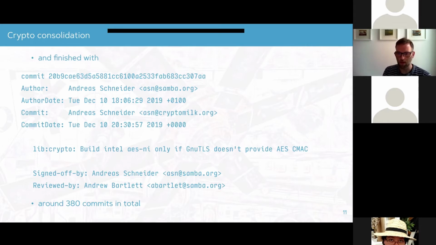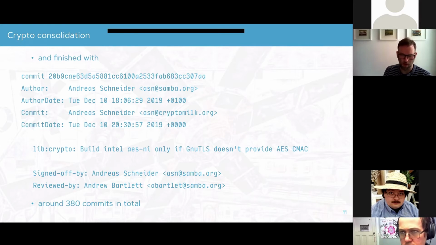This also required new support for new ciphers and hashes in Nettle, which is the low-level library used by GnuTLS, and also GnuTLS, as Windows or Microsoft is using some flavors of a cipher or combinations which were not implemented there yet, or which are not widely used, for example, AES-CFB8. So that was implemented first and made available for us. And in the meantime, we can rely on that and use it.